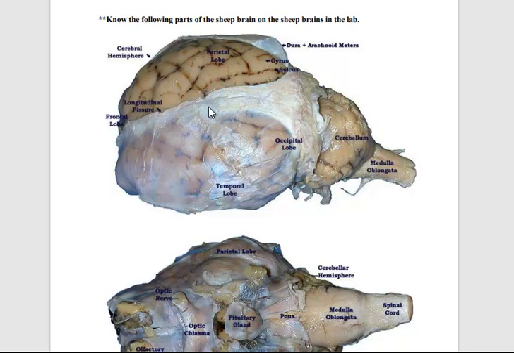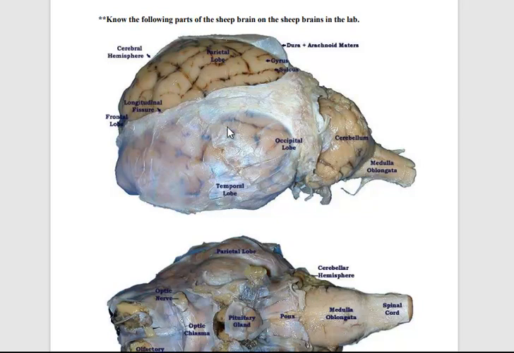Now, underneath here, if you could pull this back, you'll see the longitudinal fissure that's going to divide the 2 hemispheres right there. So it's unfortunate that they didn't pull this down just a little bit so you can see the fissure, but they say it's right there. So if you orient yourself with the fissure, then you should be able to see the frontal lobe. The parietal lobe is right there.